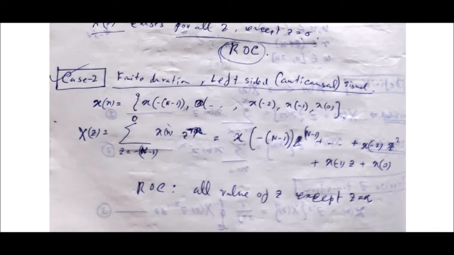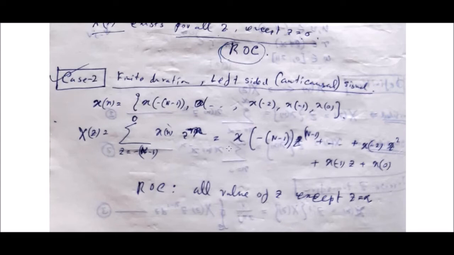So x[-N+1] z to the power minus n, here in place of n you have to put minus N minus 1, so minus minus plus, it will be z to the power N minus 1. Plus the next sample will be there. In this way it will end at x[-1] z plus x[0].